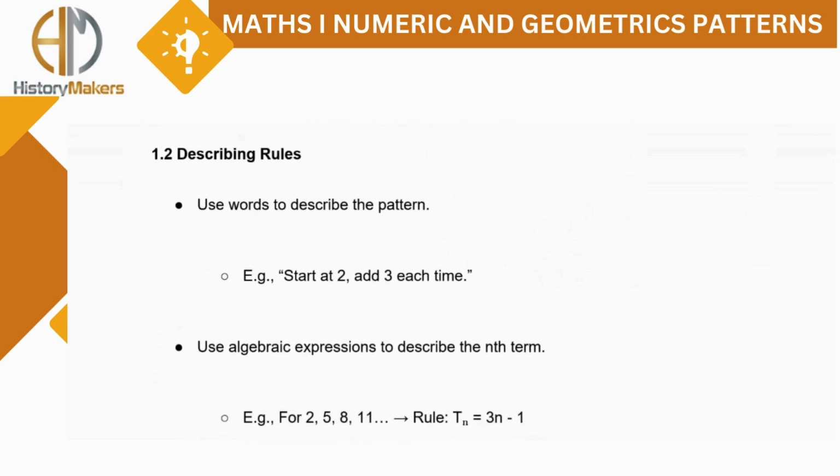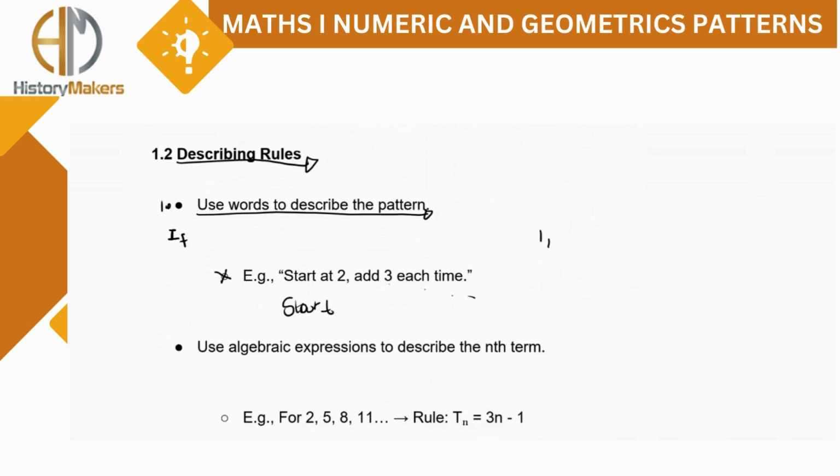Let us now go to describing the rules. We can use words to describe each pattern. If, for example, you are asked what happened in a pattern for you to be able to get the next value, you can say you start at 2 and add 3 each time. So that is how you can describe your pattern in words form.